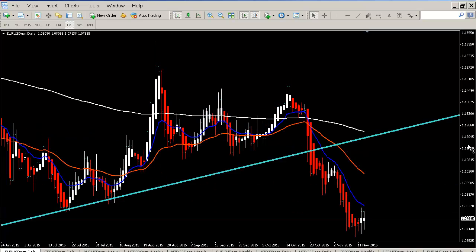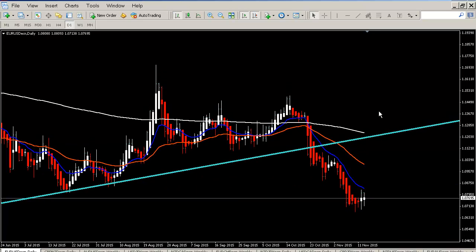So on the daily chart, as you can see, price is below the 12 EMA, and it stays also below the 36 EMA. What we do not have on this daily chart is a retracement back to the 36, something we would ideally see. But what we have is a retracement to the 12.